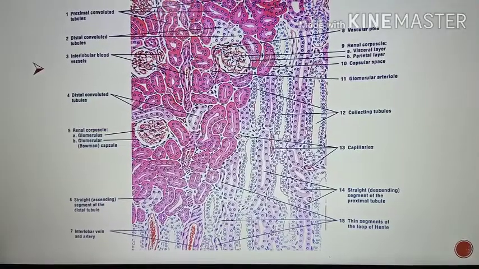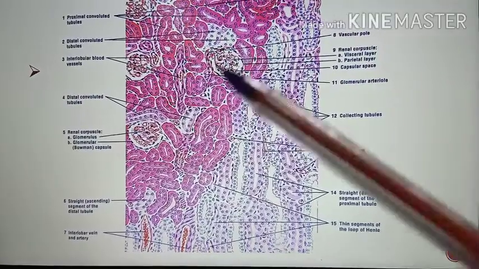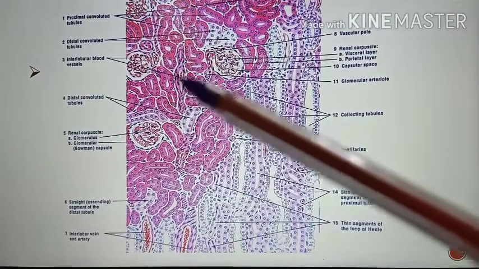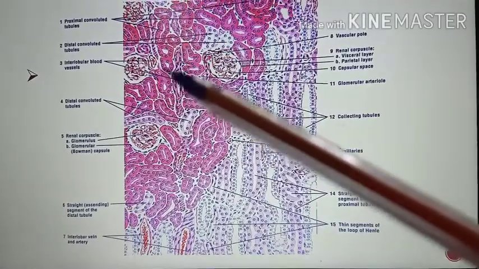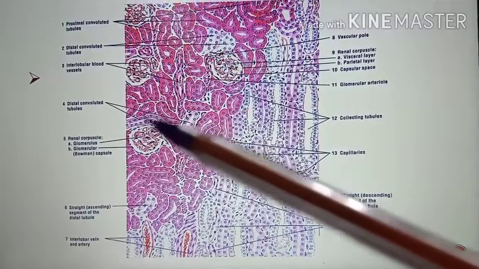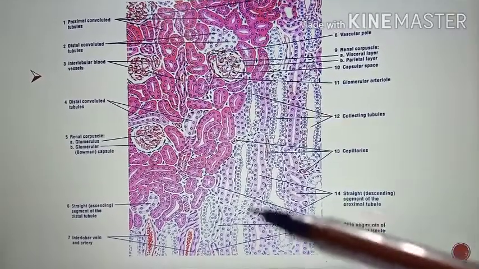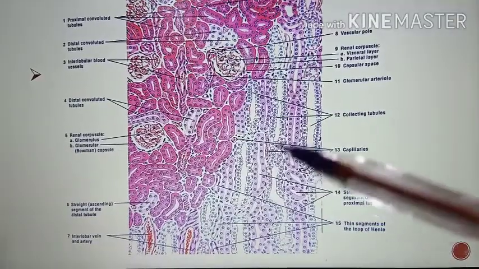This slide is a slide of kidney. You have the proximal convoluted tubule, which is darkly stained, then the distal convoluted tubule, glomerulus, Bowman's capsule, and all these are the collecting tubules.